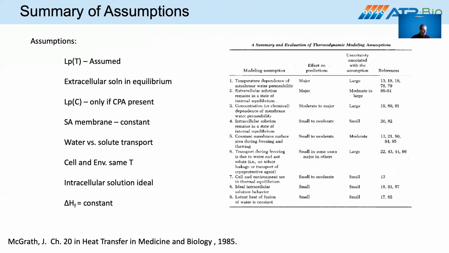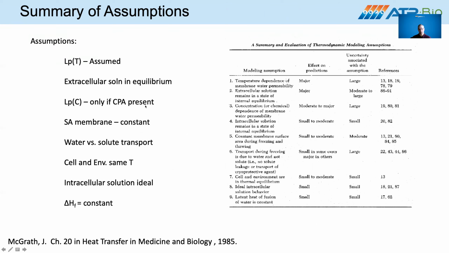There's a whole bunch of other assumptions that are listed here. We assume that the membrane hydraulic permeability is temperature dependent. Extracellular solution is in equilibrium. That's basically the phase diagram assumption. We haven't talked about this yet, but the hydraulic permeability will be concentration dependent, but this is really only if a CPA is present.